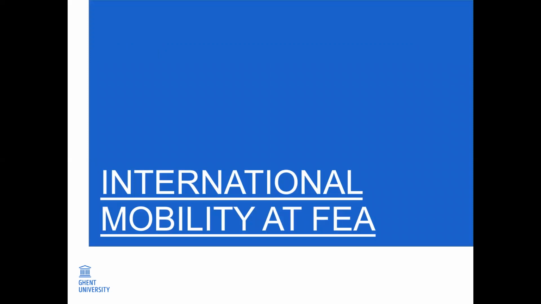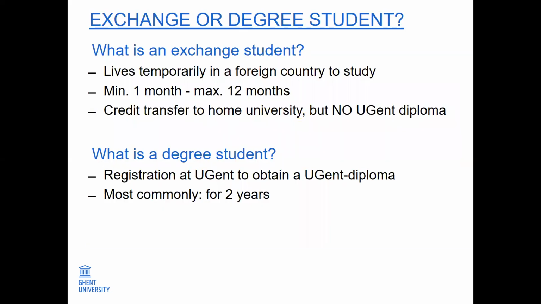With respect to international mobility at our faculty, when you are studying here as an international student, you are either an exchange student who will be here for typically one semester or maximum 1 year, or you can be a degree student. A degree student studies at our faculty for 2 years, follows a master program, and will get a UGent degree at the end.